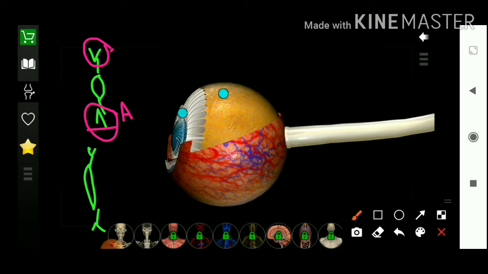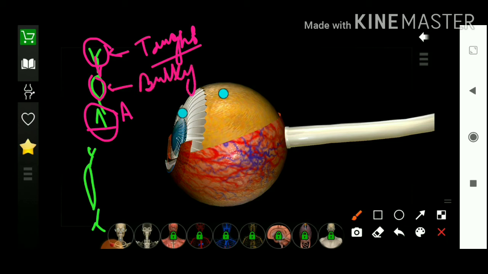The ciliary muscles are taut. When the ciliary muscles are taut, the suspensory ligaments are relaxed. This is where we can see that the lens itself is very bulky, and hence it is responsible for short distance vision.